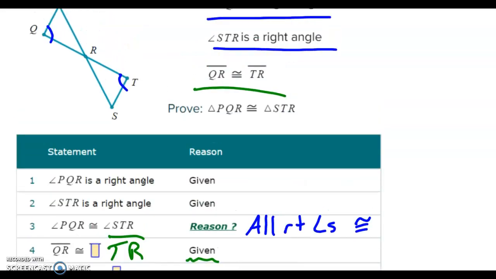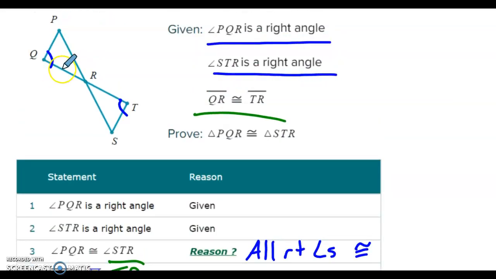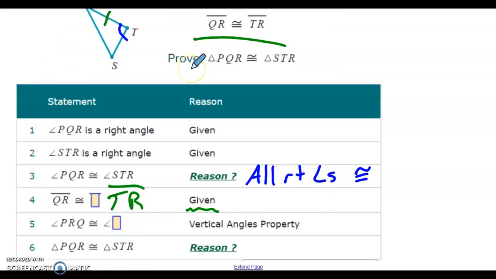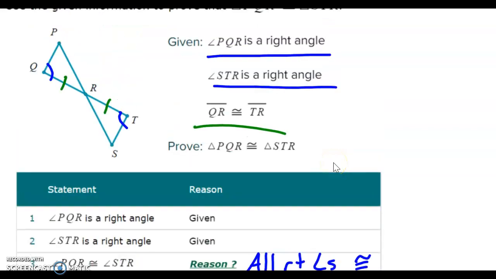Okay, so right now, if we continue to mark this on our diagram, we now have QR congruent to TR, those two lines, and then PRQ is congruent to some other angle. And the reason they're giving us is the vertical angle property. Well, where are vertical angles? If we look at that diagram, those vertical angles are those kissing angles. They're the ones that face each other on opposite sides of a vertex.